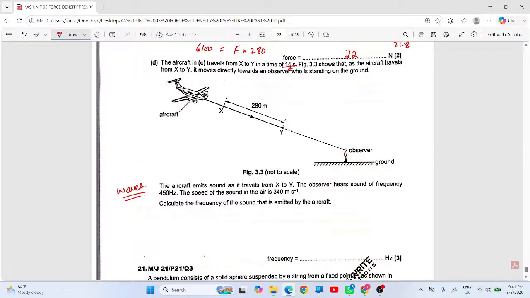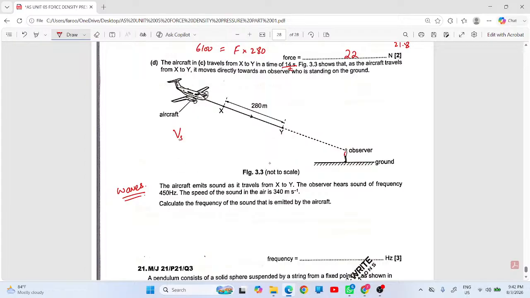तो इसमें how many things are given? Speed of the source. इसकी हम एयरक्राफ्ट की स्पीड निकालते हैं.